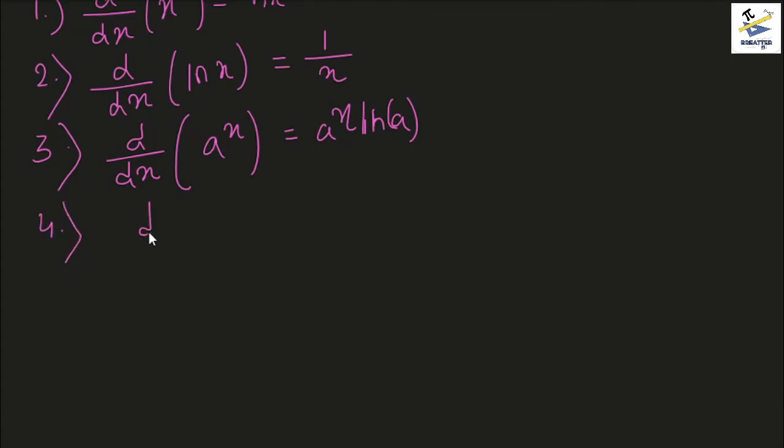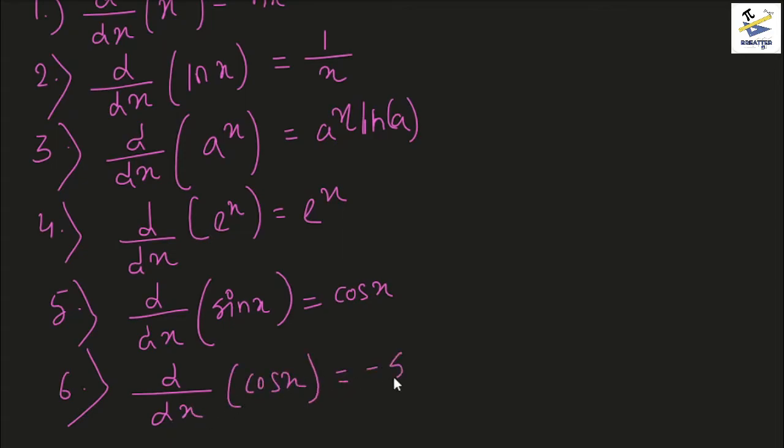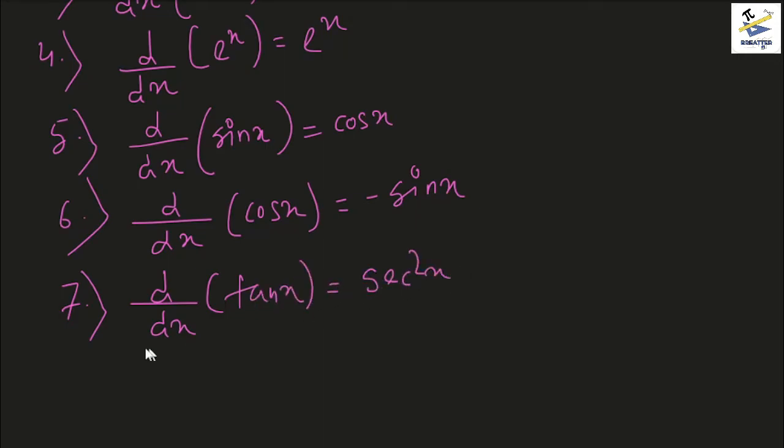Number 4 is a to the power x. Number 5. Number 6. d dx of tan x is basically sec square x.